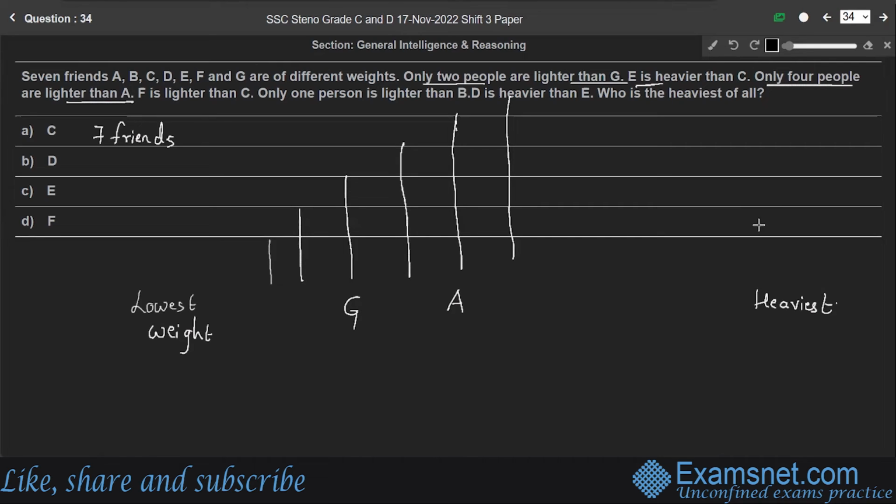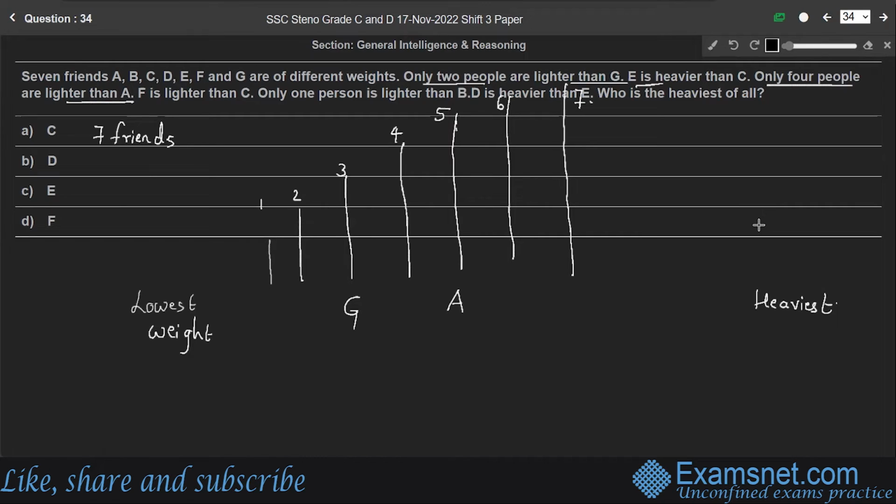The sixth and seventh persons. So G is the third person and A is the fifth one, and after A there are 2 persons who are heavier than A.